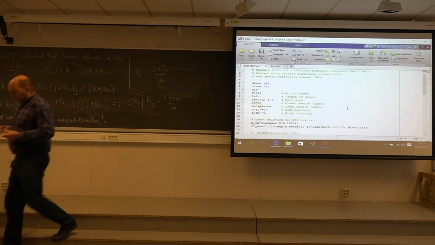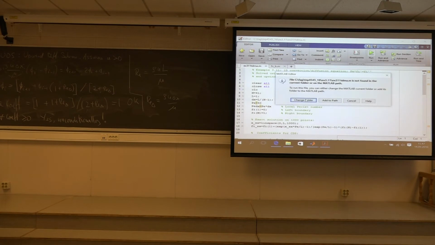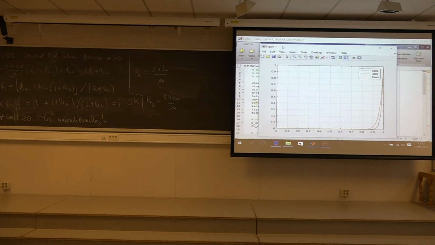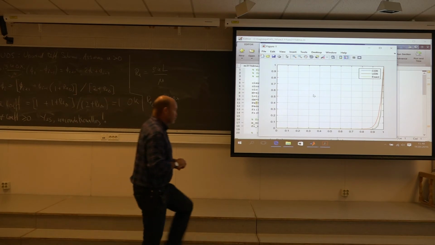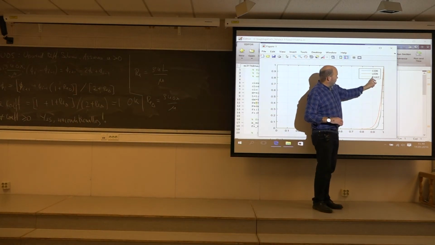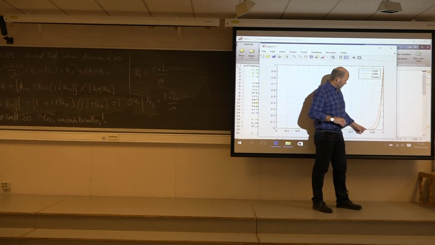And if we now try to run this one, we get the following here. We have the exact solution. The exact solution falls very nicely together with the central scheme here.